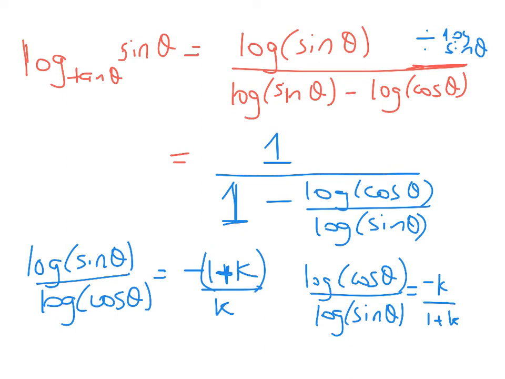All I've got to do now is 2 more lines of working. Very happy at this point if I'm sitting there, because I'm going to substitute that into there, and then clean it all up.